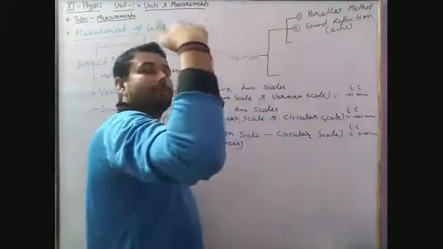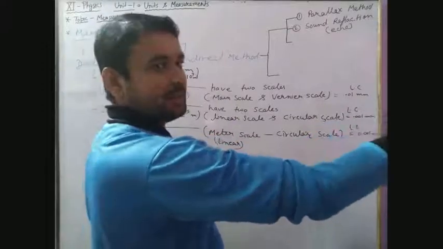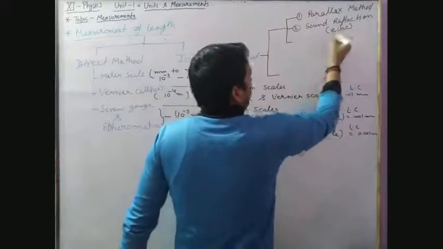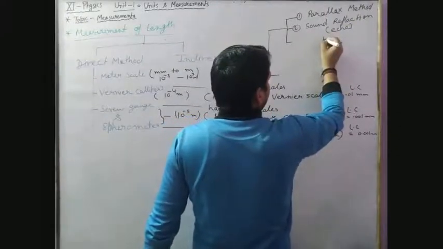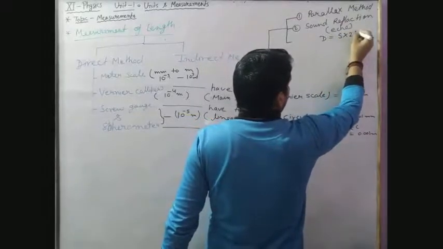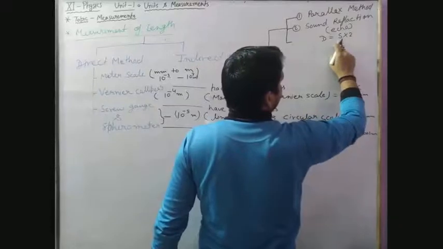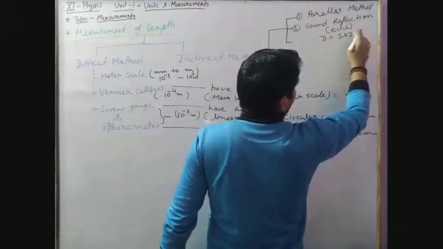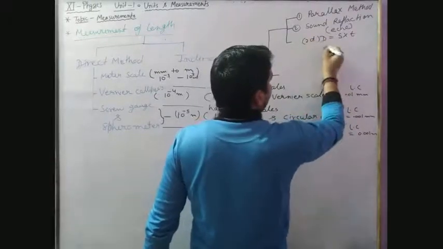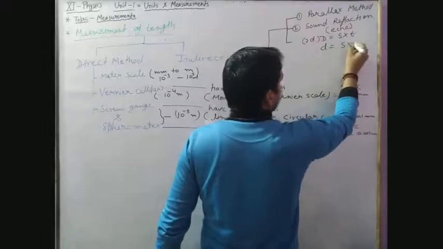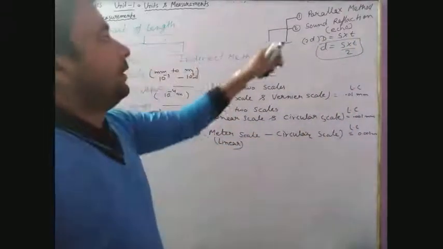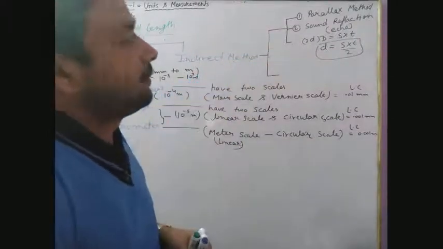The sound waves sent out hit an obstacle and return back, and we measure the distance with distance equal to s into t. Here the total distance is 2d, so d is equal to s into t upon 2. This is how we measure distance with the help of the reflection of sound.